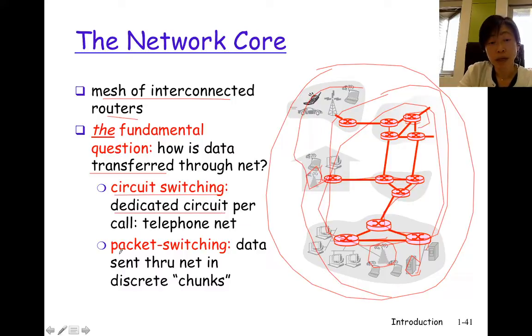The alternative, packet switching, is used by the internet, where we send data through the network in discrete chunks, AKA packets. So packets go to the router.